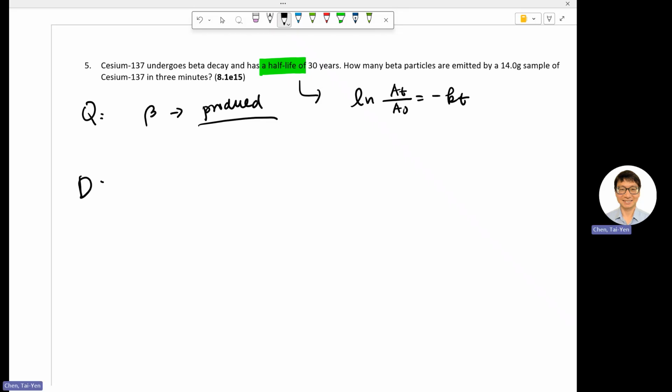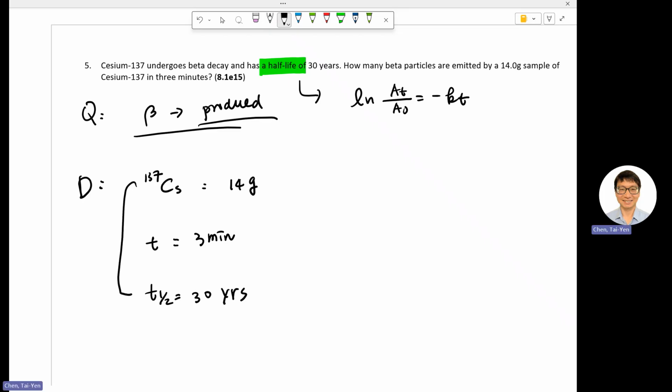So the data: you have Cs-137, 14 grams, and you want to know how many beta particles will be produced after 3 minutes, and you have a half-life of 30 years. Those are the three pieces of information you get from the description.